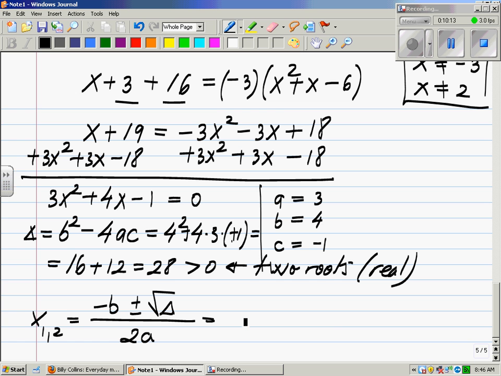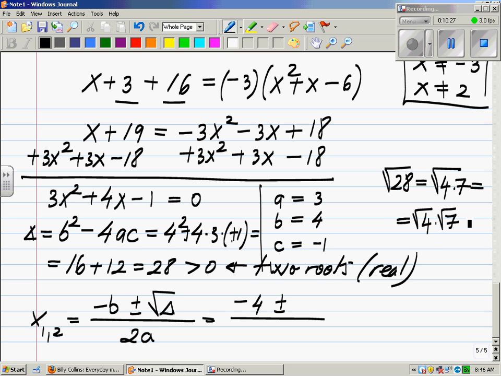And I'll substitute everything that you know. Minus b, that's negative 4, plus minus square root 28. Guys, square root 28 you can simplify. It's actually what? Square root 4 times 7, which equals square root 4 times square root 7. But what is square root 4? 2. So it'll be 2 square root 7. So plus minus 2 square root 7 over 2 times 3, which is 6.